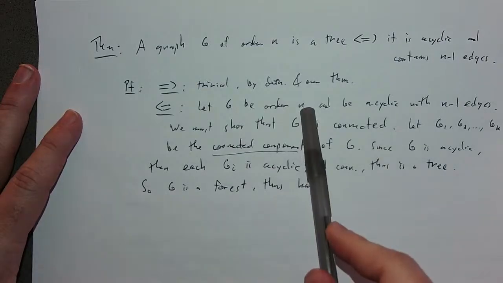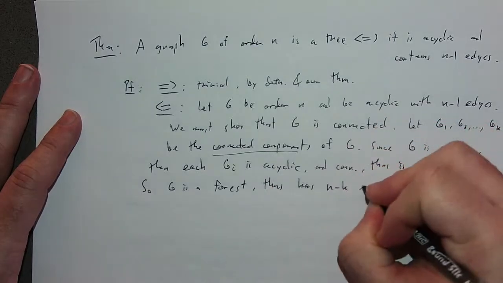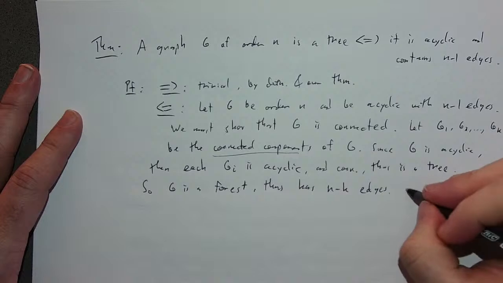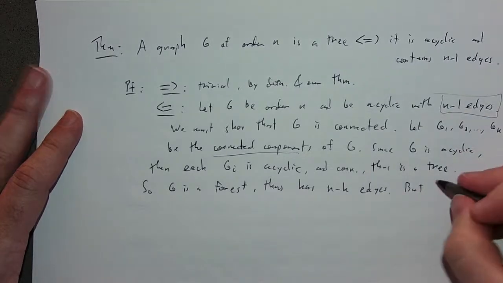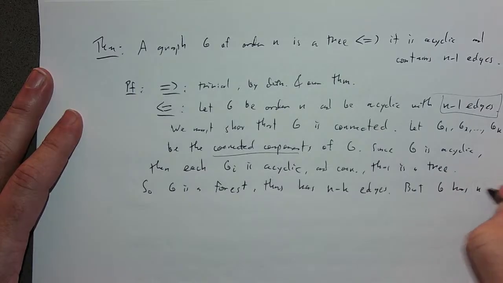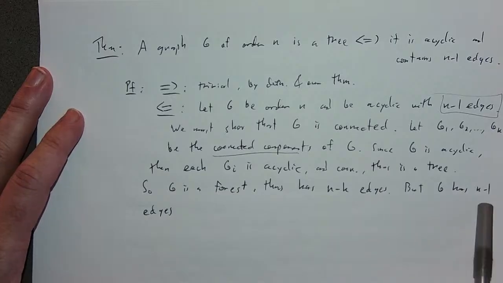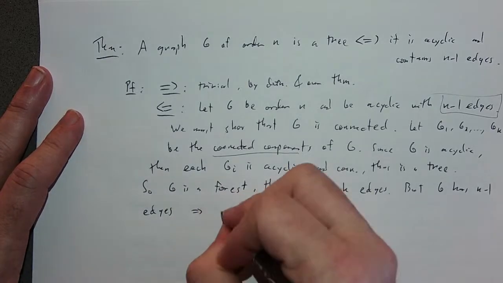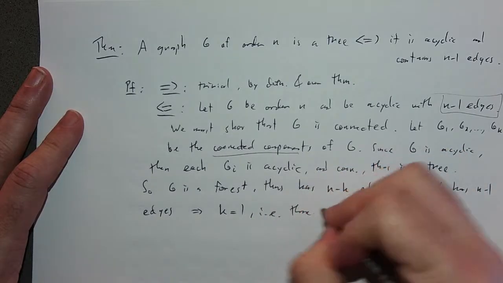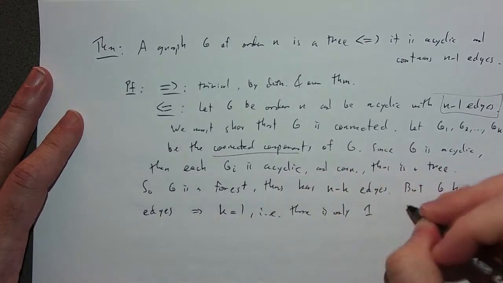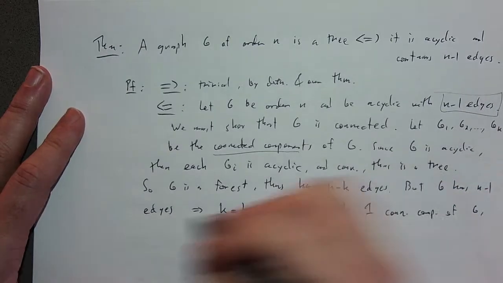It is of order n. It has k connected components. So it has n minus k edges. But we've said that G has n minus 1 edges. And the only way that it can have n minus k edges and simultaneously n minus 1 edges is if k is equal to 1, i.e., there is only one connected component of G. Thus, G is connected.